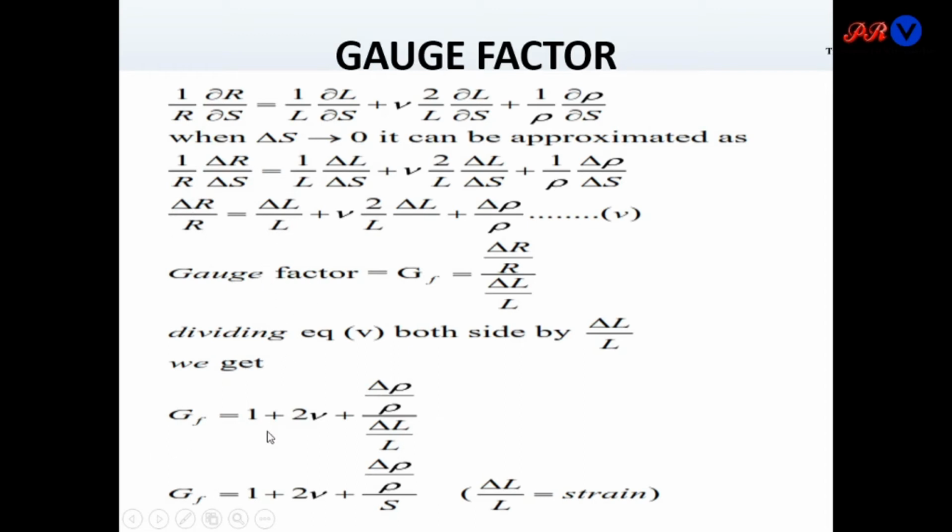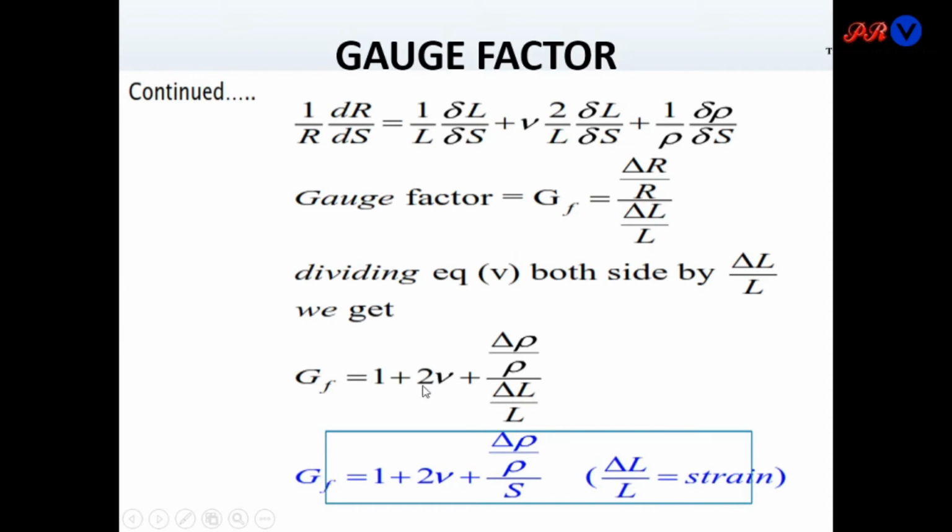This becomes equal to 1 plus 2 nu plus delta rho by rho divided by delta L by L. So GF equals 1 plus 2 nu plus delta rho by rho divided by S, where delta L by L is S, which is known as strain.